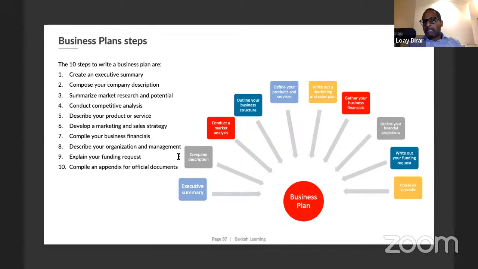By the way, there are many books out there which you can find on Amazon, and these books provide you with ready-made business plans for many industries. So you can buy a book that consists of 20, maybe 30 business plans in different fields.